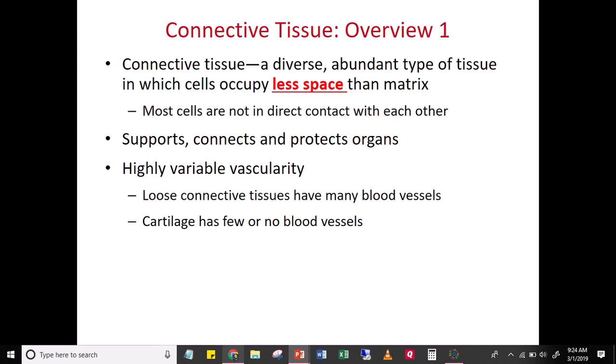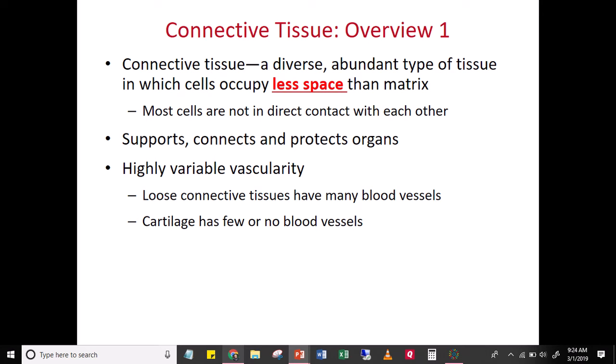Unlike epithelial tissues, which don't have a lot of extracellular matrix, connective tissues have tons of extracellular matrix. Most of the cells in a connective tissue aren't actually going to be touching their next door neighbor. There's going to be lots of extracellular space separating those cells.